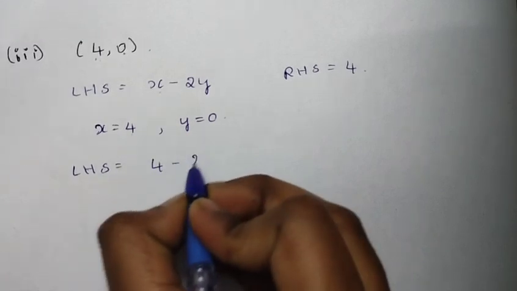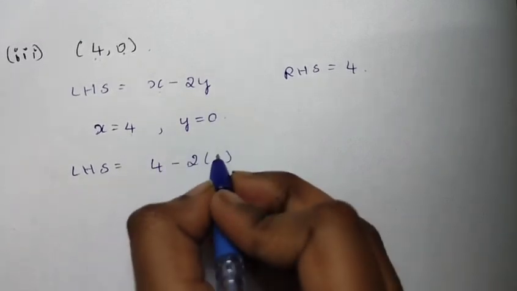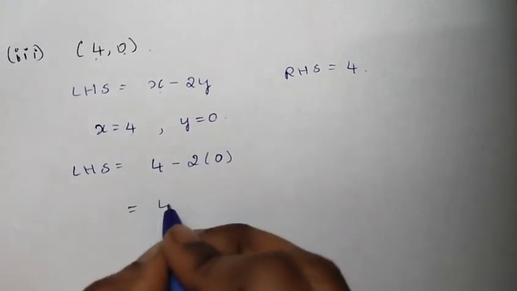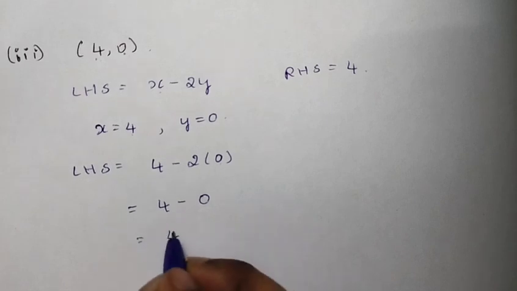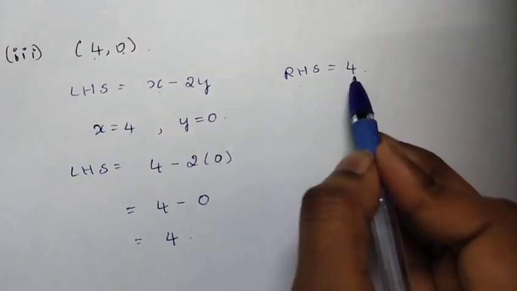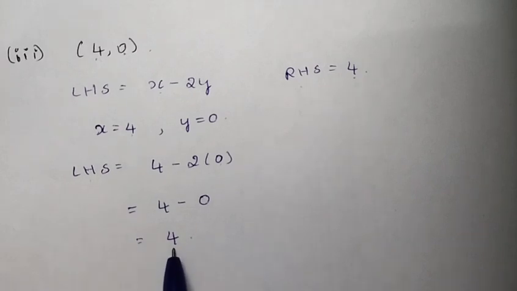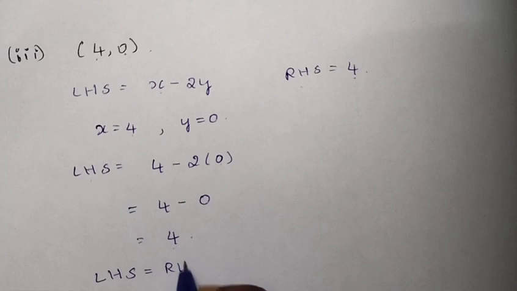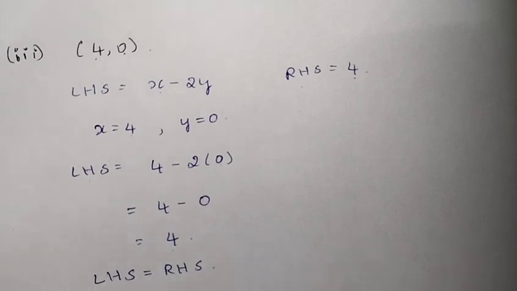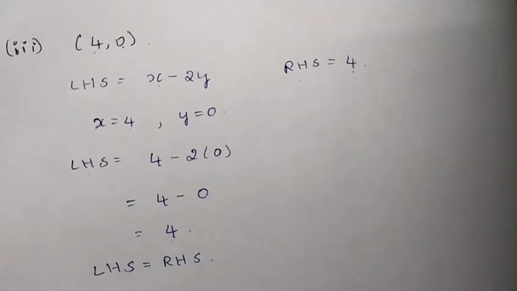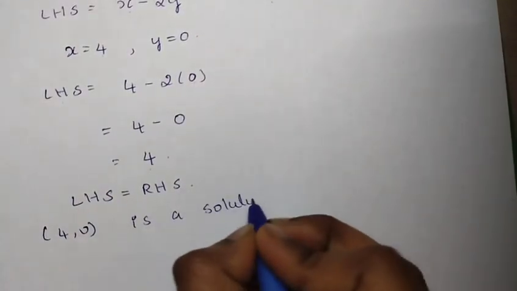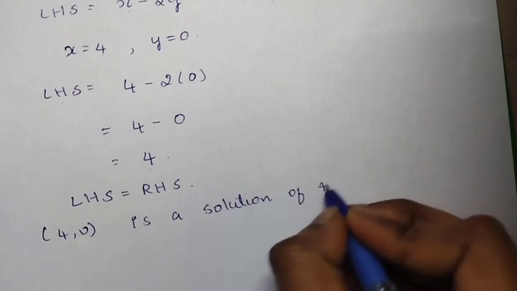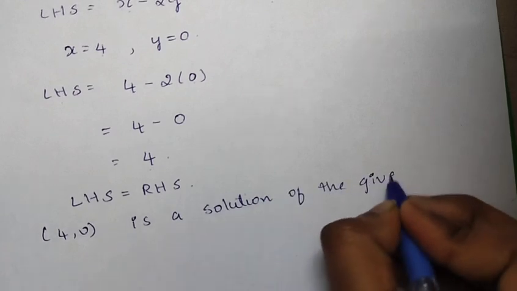So 4 minus 2 into the value of y, which is 0. So it becomes 4 minus 2 into 0, which is 0. 4 minus 0 gives you 4. So the right hand side is equal to 4, and the left hand side is also equal to 4. So I can conclude that LHS is equal to RHS. So we can write that 4, 0 is a solution of the given equation.